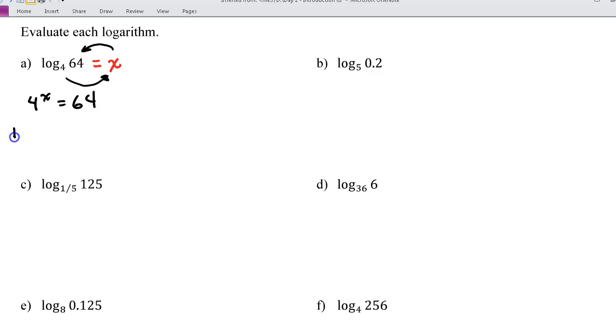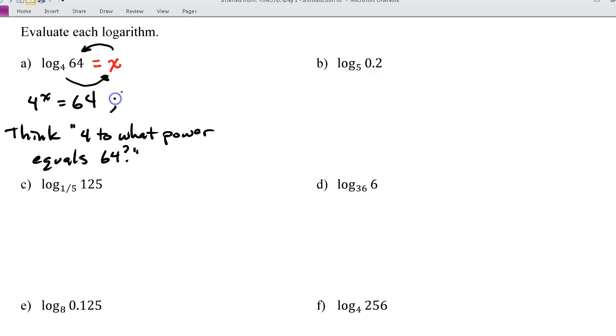So what you want to think is 4 to what power equals 64. Okay, so if you want to work it out a little bit by trial and error, you can.